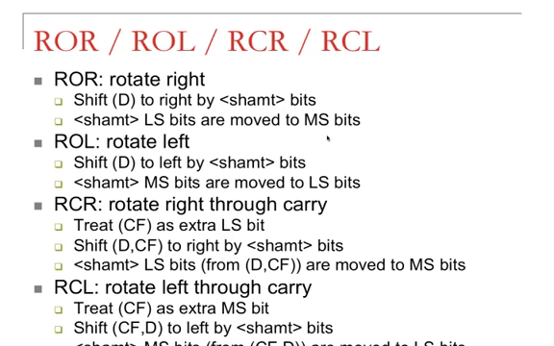You'll see when we illustrate these two instructions that their operations are different from ROR and ROL in that the last bit or last bits coming out of the register or memory will be copied into the carry flag, and the carry flag will be used to fill the new bits on the other end of the operand. So basically these two instructions, RCR and RCL, treat CF as an extra least significant bit.